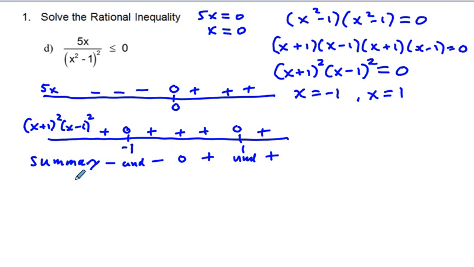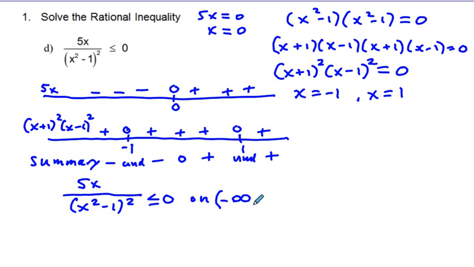And now for our statement, we're going to have 5x, I'm just rewriting the original here, over quantity x squared minus 1 squared is less than or equal to 0 on the interval of, and we just look for less than or equal to, so we see a negative sign first thing off, so from greater than negative infinity up to negative 1 and undefined at negative 1, so negative 1, and that's going to be parentheses.